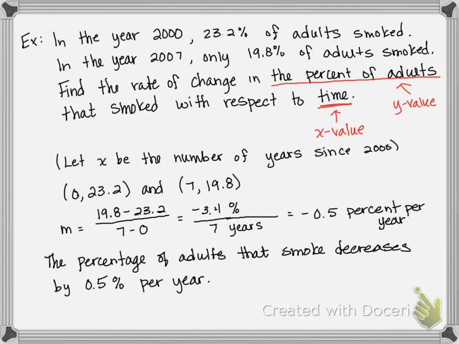Notice I didn't put the negative when I wrote the sentence because I used the word decrease instead. So it's sort of an either-or thing. If you say it's decreasing, it decreases by a positive amount. But the change itself is in the negative direction, so when we calculate it, that's what we get.